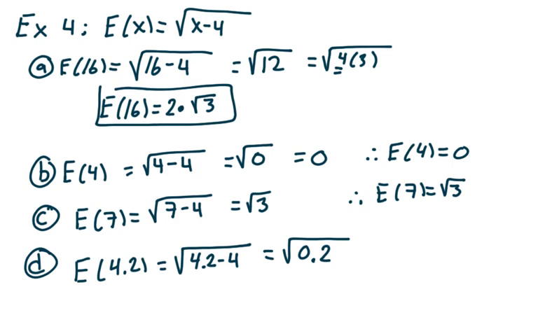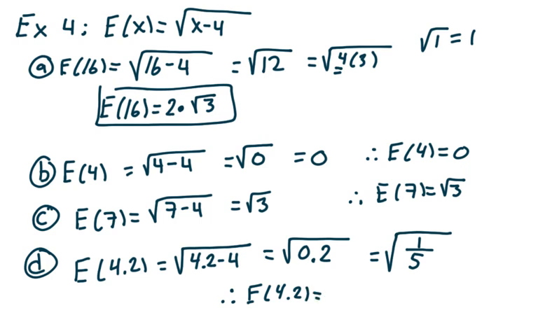There's not a lot you can do with that, to be honest with you, because I can write this as the square root of 1/5, right? Turns out that 0.2 and 1 over 5 are the same. But isn't the square root of 1, 1? And so the only thing you can really do here is call E of 4.2 1 divided by the square root of 5. And that's okay, right? It works.